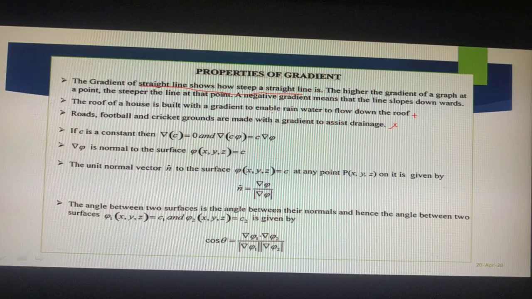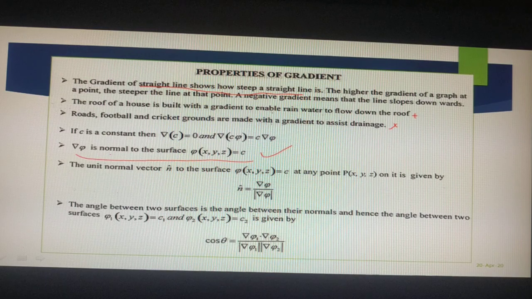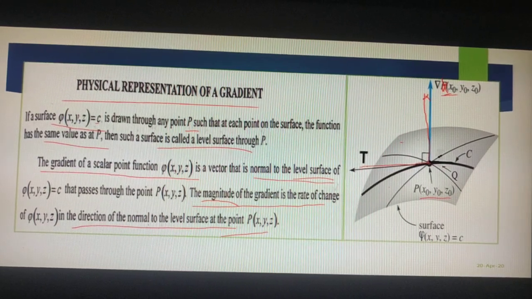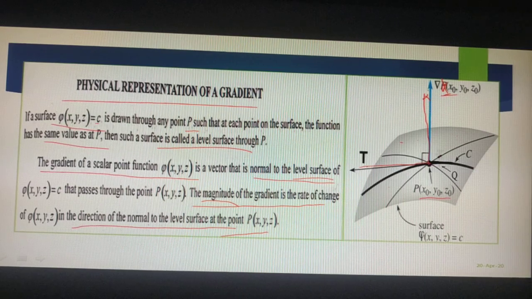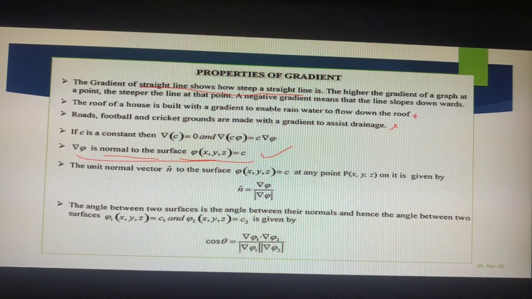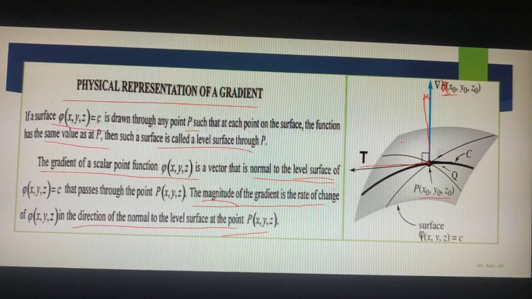Let you see here, del phi is normal to the surface phi of x, y, z. Del phi, or grad phi, is normal to the surface. It is very clear; it is a normal vector. Towards this normal we have del phi. One more very important property: if we want to find the unit normal vector in that direction, let me take some n cap.